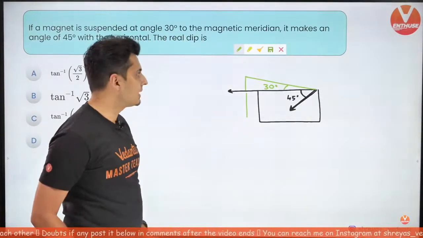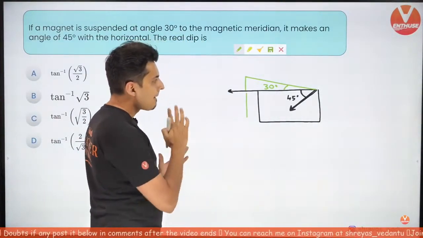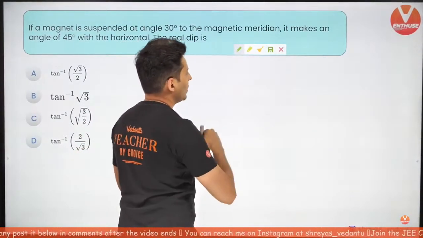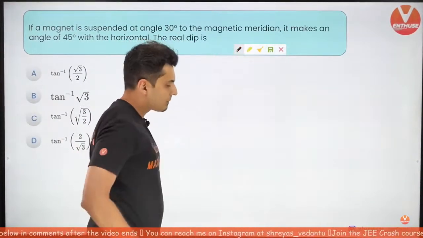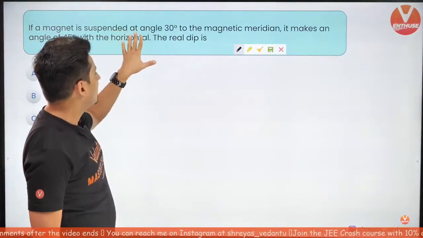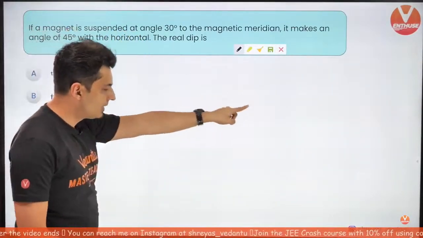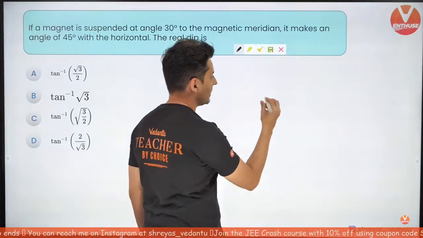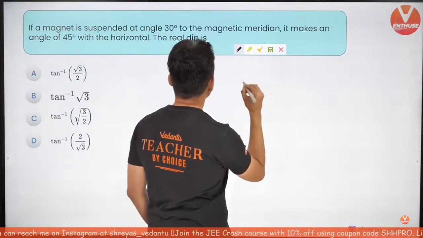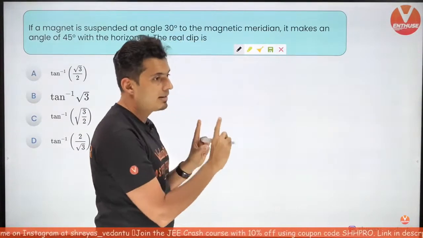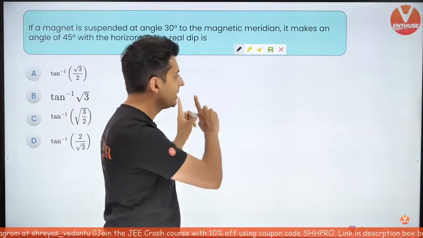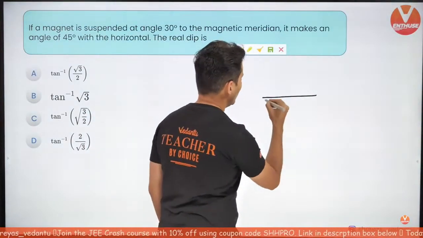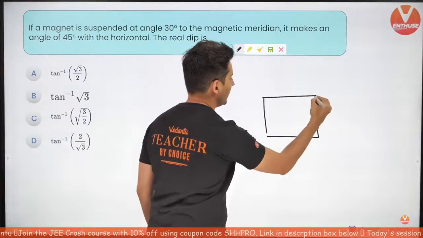So the best way to visualize is like this. Okay, forget about all this. I'll start from the beginning, because I just made a small mistake when I drew the diagram. I'll just correct it over here. See this. The magnet is not suspended in the magnetic meridian. It is suspended in some other plane. That's the catch. So this is some random plane.